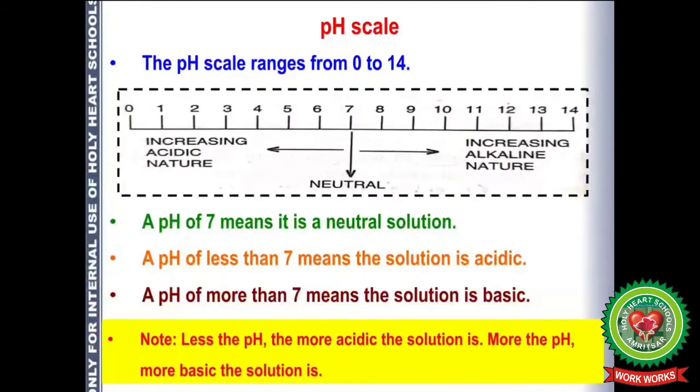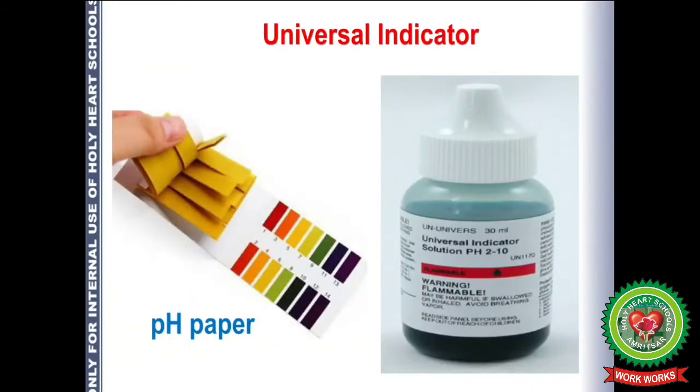So we need to note that the lower the pH, the more acidic the solution is, and the higher the pH, the more basic the solution is. Now to measure how acidic or how basic a solution is at different pH with the help of an indicator, we can use universal indicator. This particular solution we can use, or we can also use pH paper.